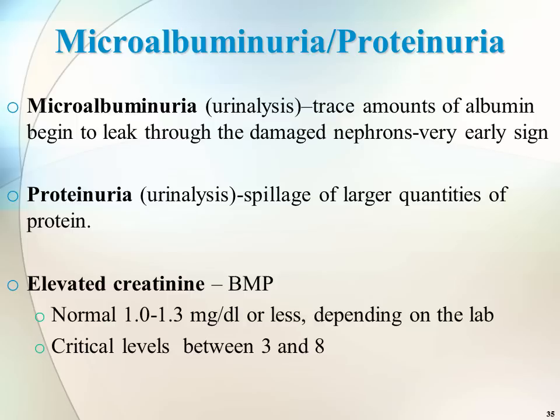We're going to look at a BMP, basic metabolic profile, in which we will get the serum creatinine level. Values differ from lab to lab, but it's roughly 1.0. And critical levels are between 3 and 8, but the critical value of 3 is something that you must remember.